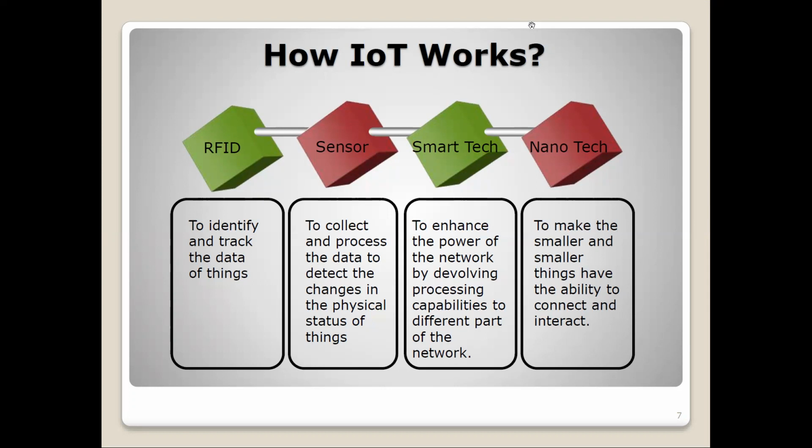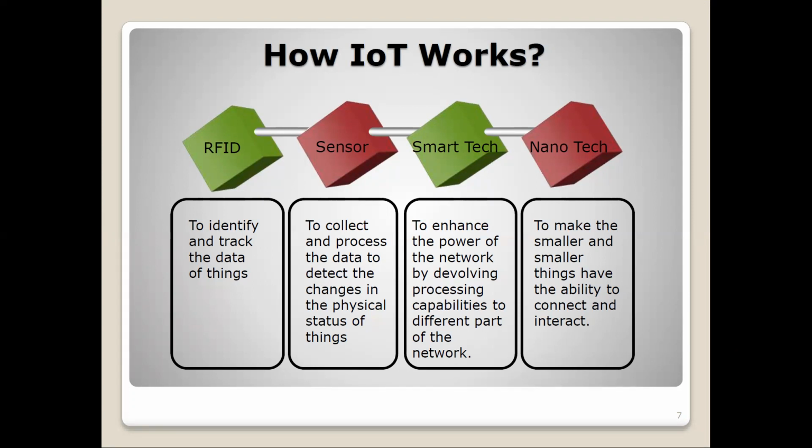In whatever application this RFID is used, it will create data, so for tracking that particular data of particular things, RFID is used. The sensor is used to collect and process the data, from whichever application it has to be generated, and to detect changes in the physical status of the things.